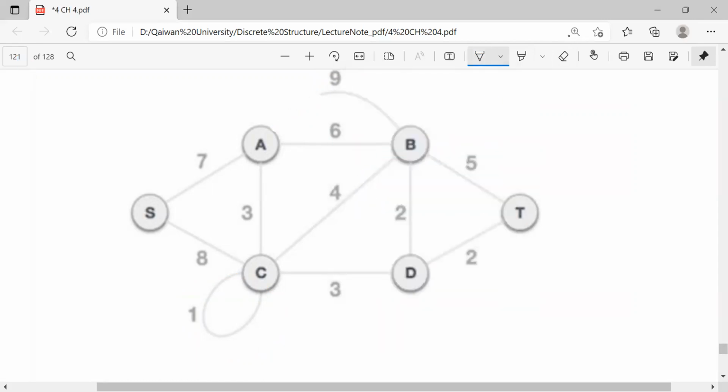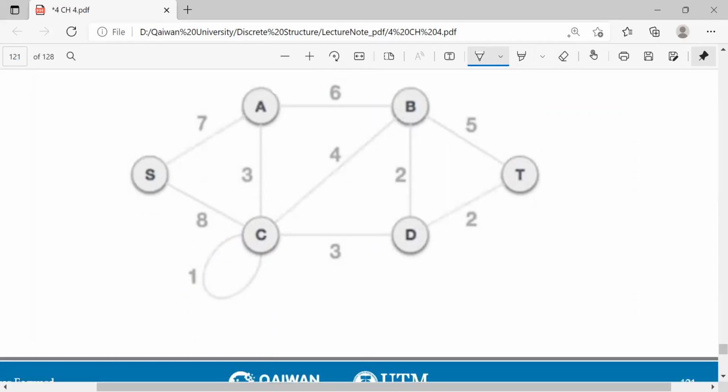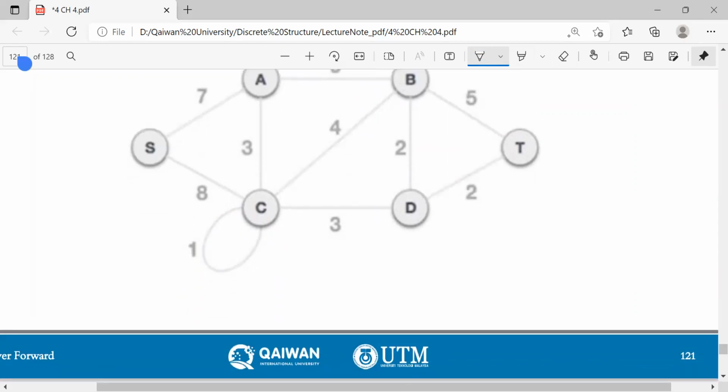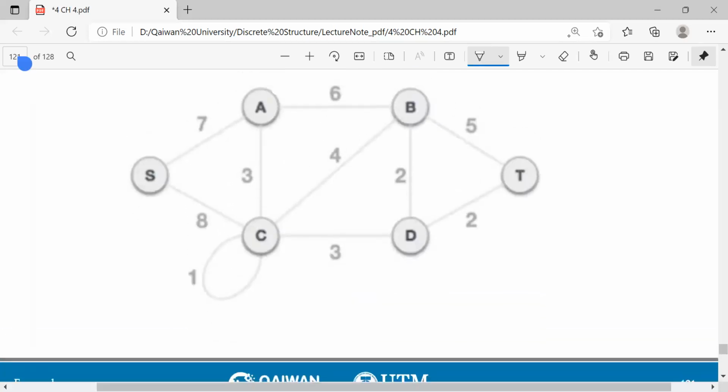Here we remove this one. Why? Because it has greater weight. We keep the least weight edge. And here we have this loop, we remove it also.